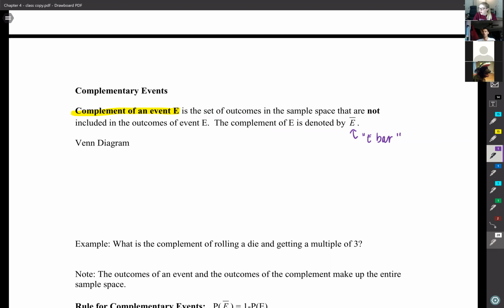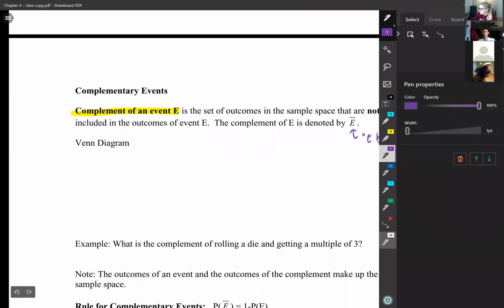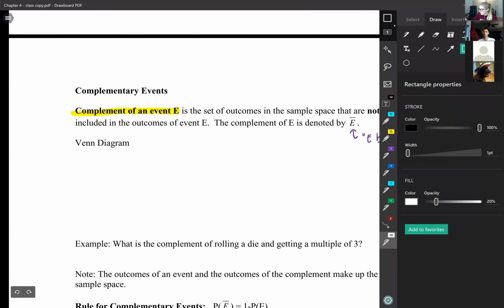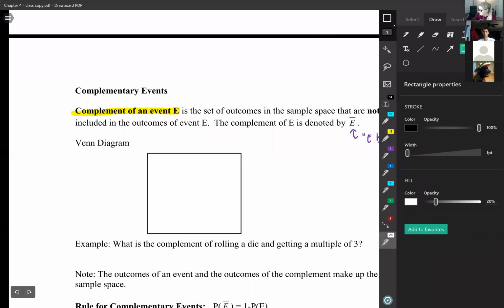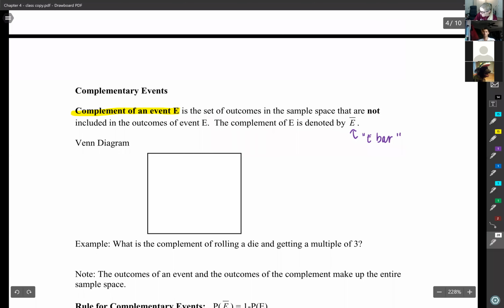So I'm going to draw a little Venn diagram that might help with a visual for this. Okay, so let's say that my square here represents my sample space for rolling a die.